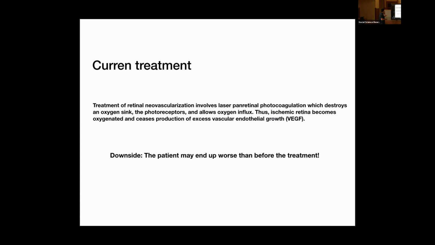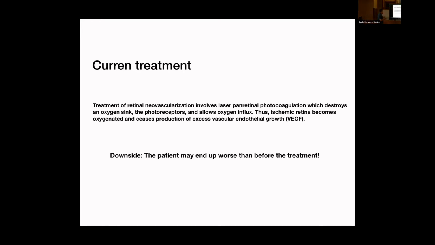So the current treatment, Professor Glaser mentioned it yesterday, involves laser, but this also has the issue that it makes you lose vision. So the patient may end up worse than before the treatment, because there's no actual treatment in which you know where you should focus the laser to actually fix the patient.